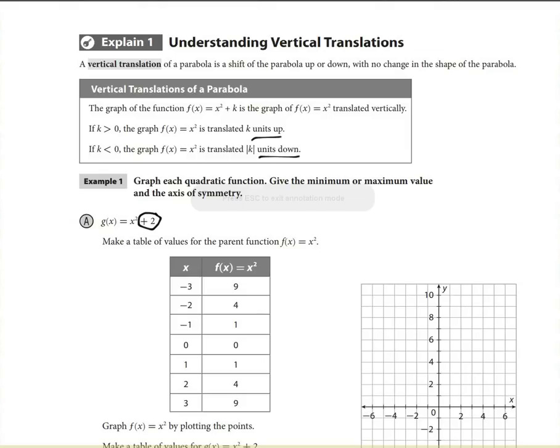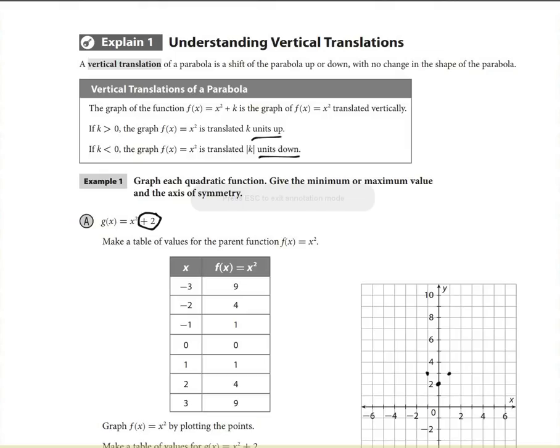When this graph is compared to the parent function, we'd want to say that this graph of y equals x squared plus 2 is a translation 2 units up of that parent function. That graph will have a vertex of (0, 2).